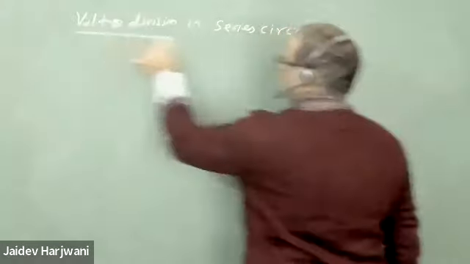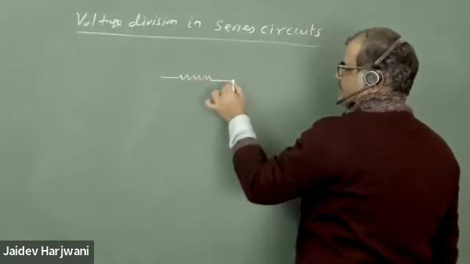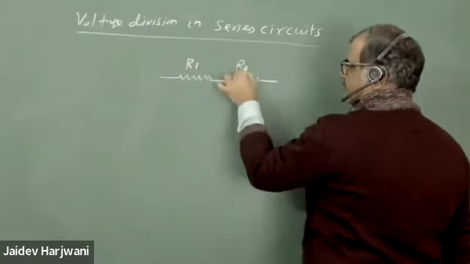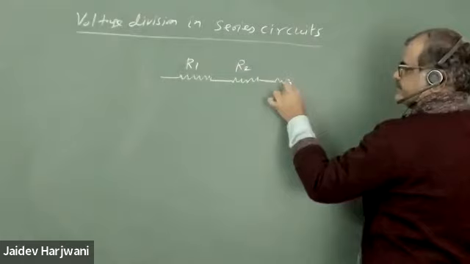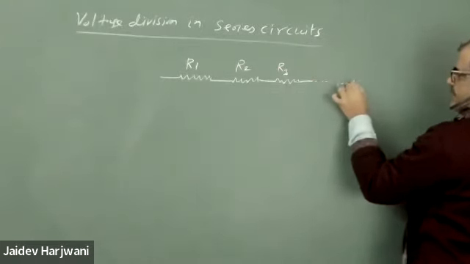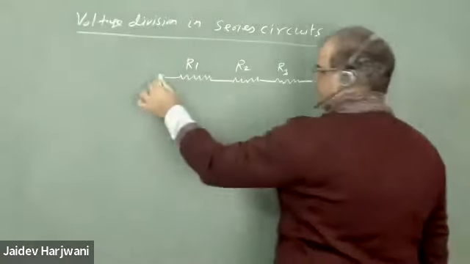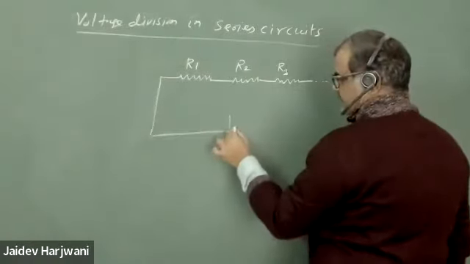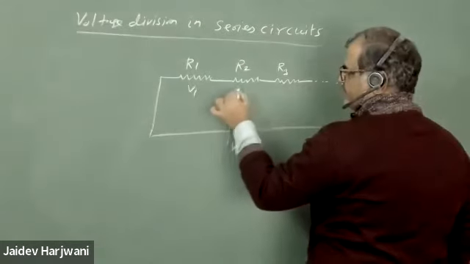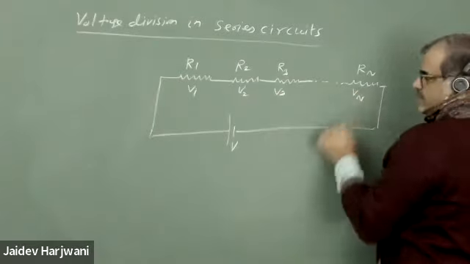So if n number of resistances are connected in series, say this is R1, say this is R2, R3, say this is my Rn, and I am applying a voltage, say V. Say here the voltage drops are V1, V2, V3, and say this is Vn.